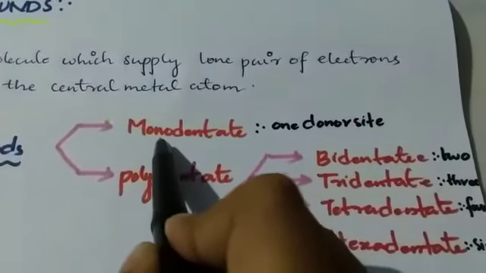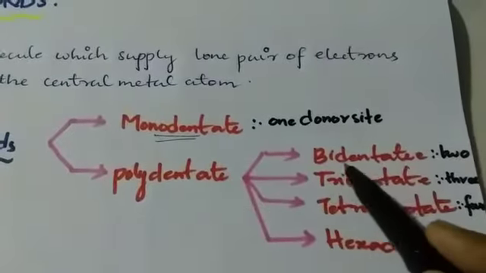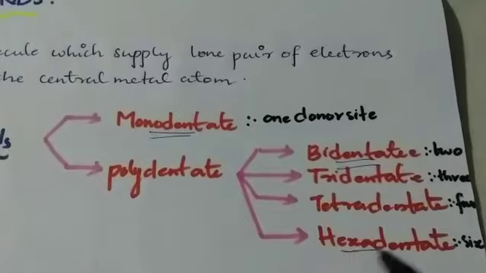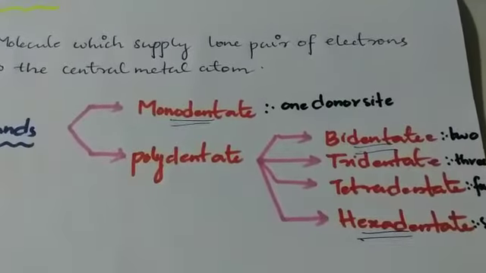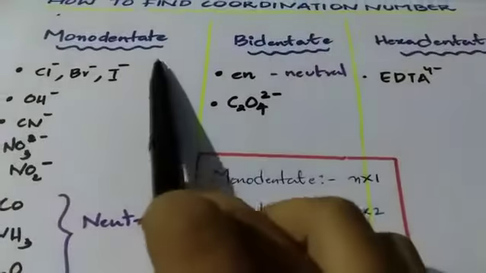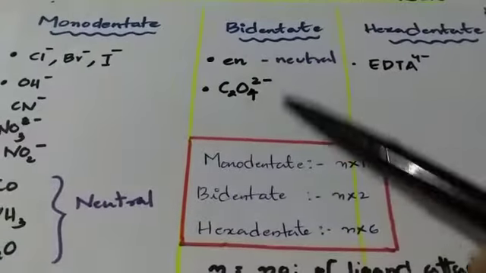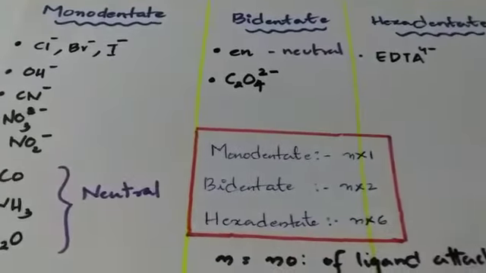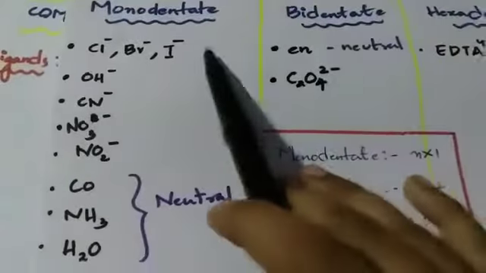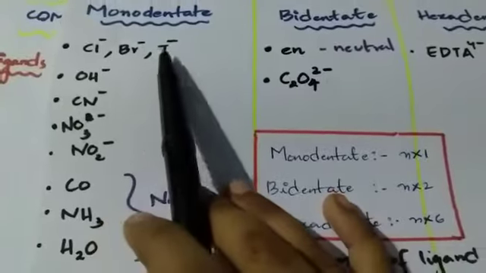We can study the examples of monodentate, bidentate and hexadentate because these are the most important to study. Monodentate examples are Cl minus, Br minus, I minus.